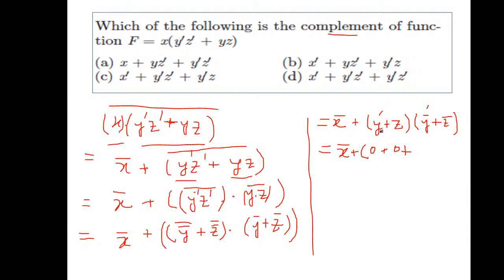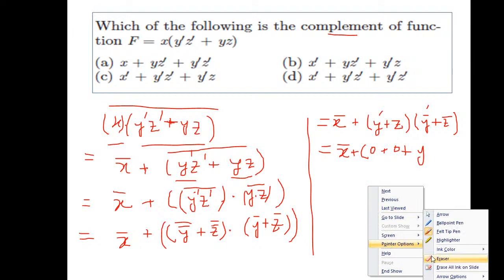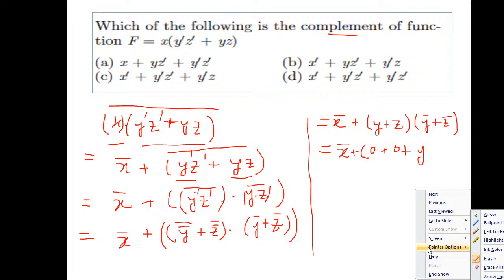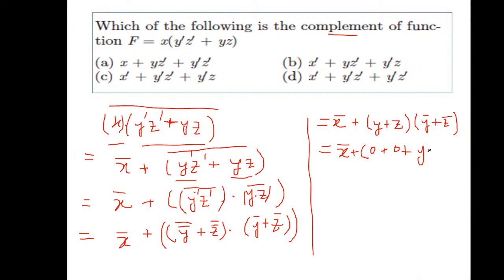You will be having y into z bar. So this is not bar, okay, I am just erasing that, I have just pointed out this one. This is not the bar. So y into z bar will be there, okay, plus y bar into z will be there, right?